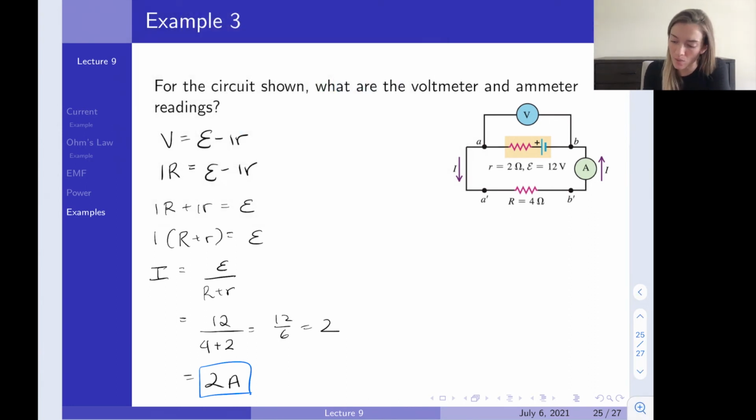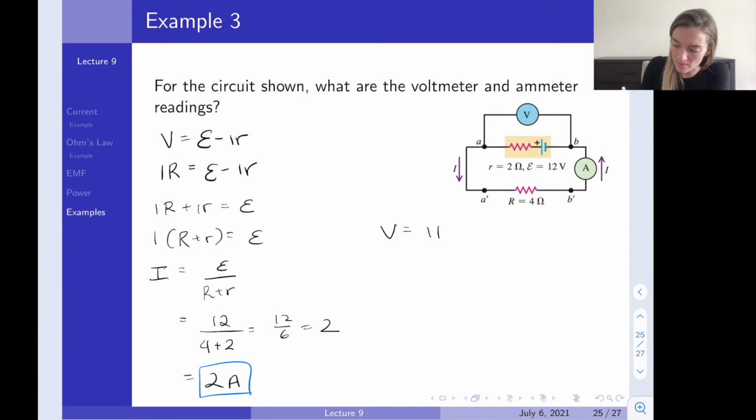Now we want to find what the voltmeter reading is. So what's the potential difference between this point and this point? You can look at that two ways. If I look at a particle that moves from point A through this wire, passes through this resistance here, it's going to have a voltage drop as it goes through this resistor, and then it moves to point B. What's that voltage drop across the resistor, since that's the only drop in potential it experiences?